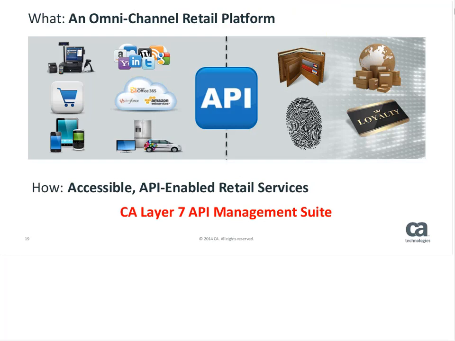So first of all, there's a lot of talk around platform. What is a platform really? In the context of omni-channel, I think it's extremely important to position your services in a platform context, and that is what APIs are intended for.